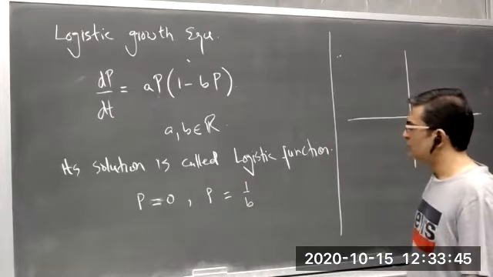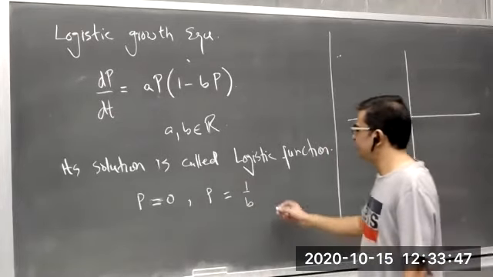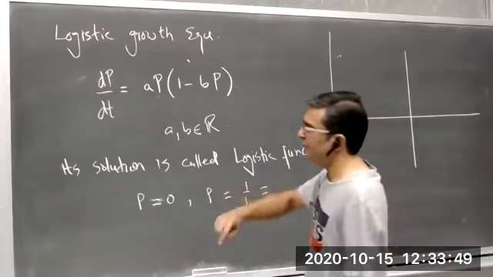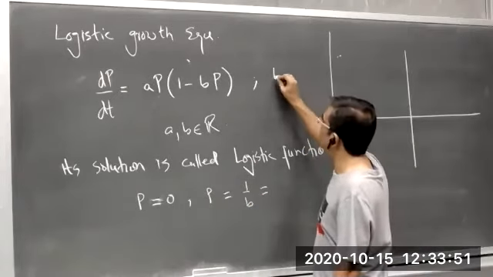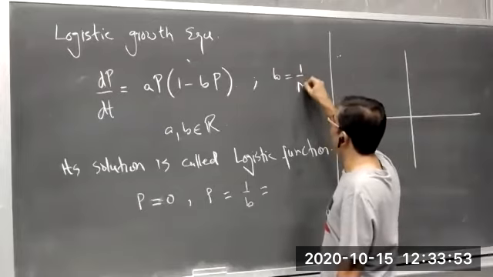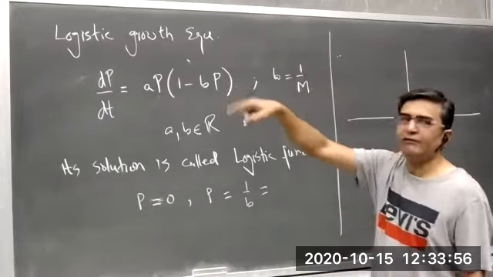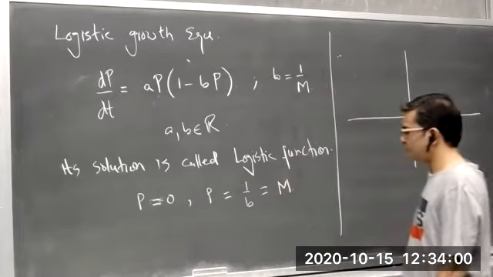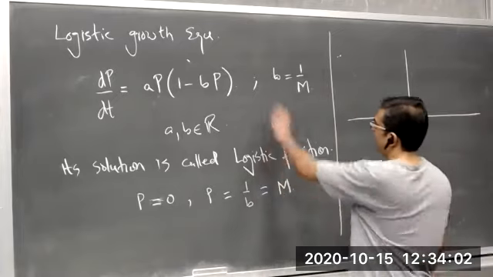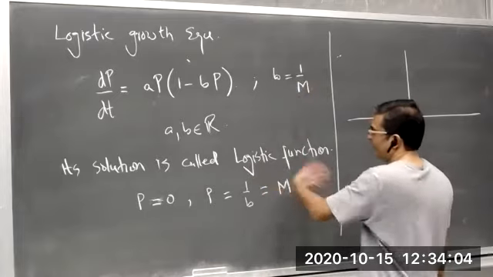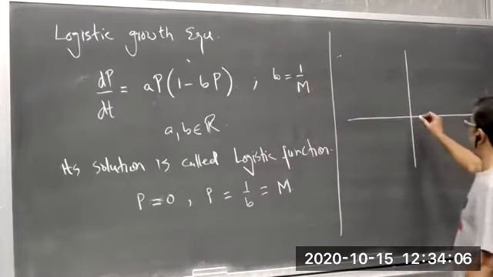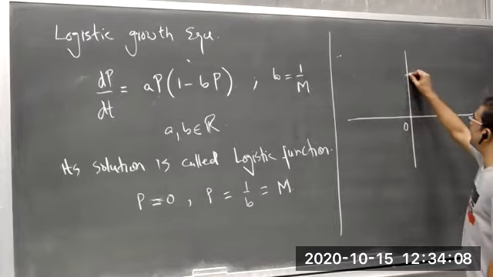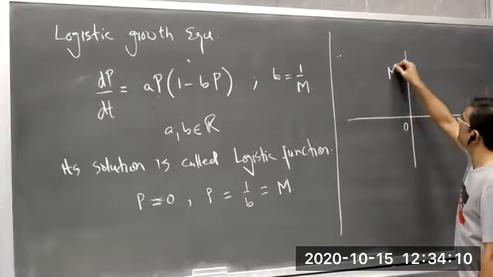If we compare, what was the value of b? It was 1 over m by comparing with that differential equation. So 1 over b is m. So there are two critical points here. One is 0 and the second is m.